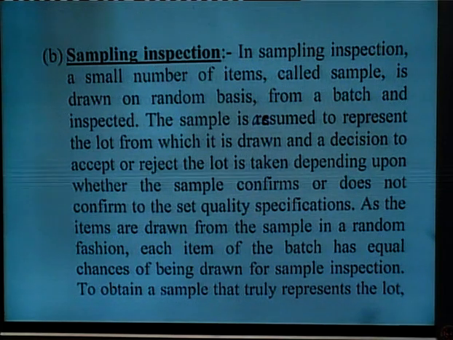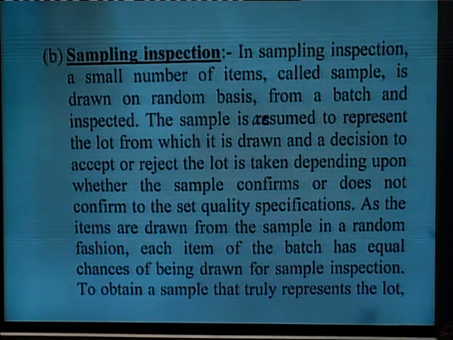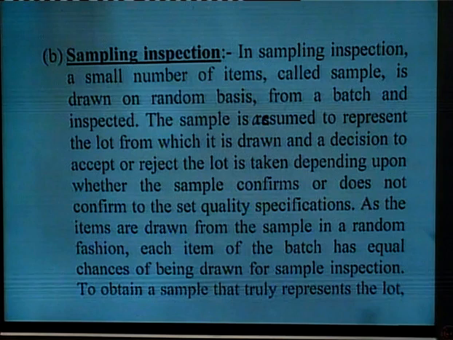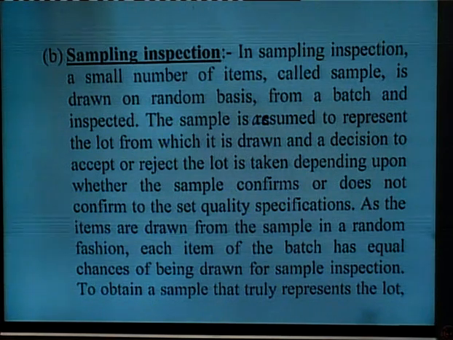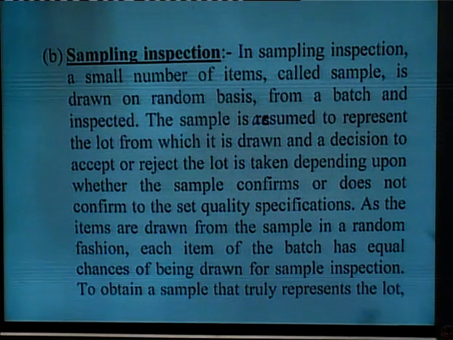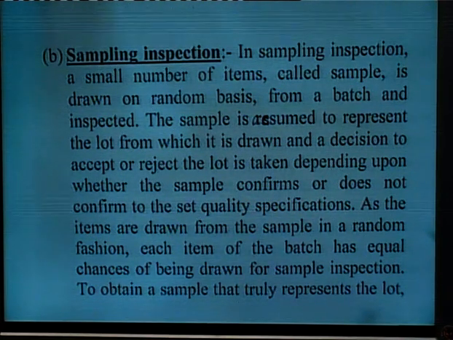The sample is assumed to represent the lot from which it is drawn, and a decision to accept or reject the lot is taken depending upon whether the sample conforms or does not conform to the set quality specifications.